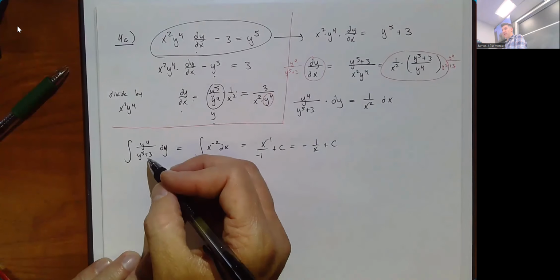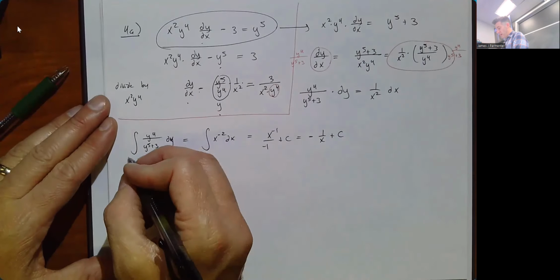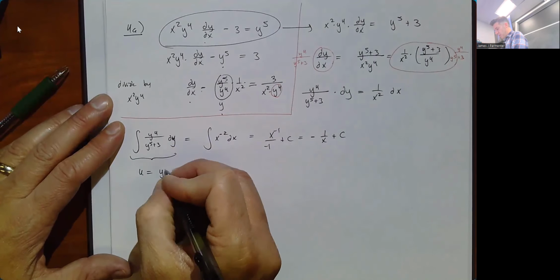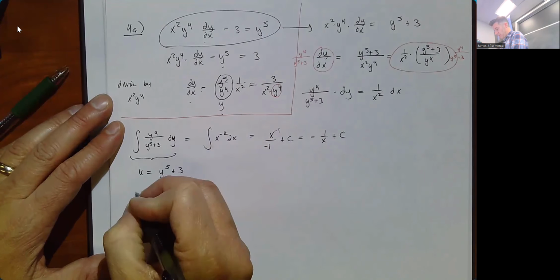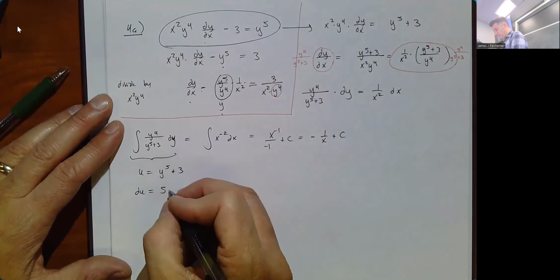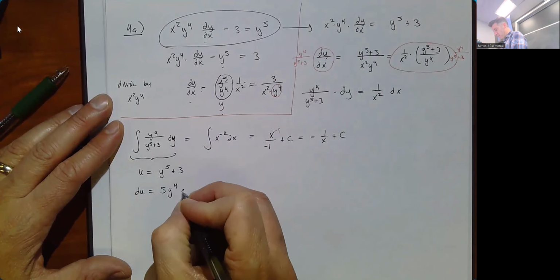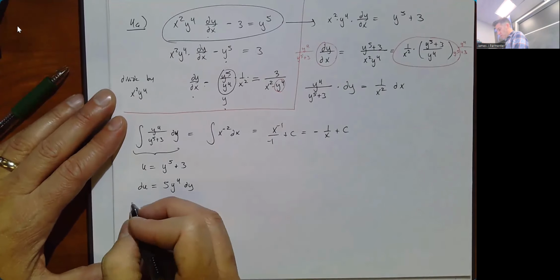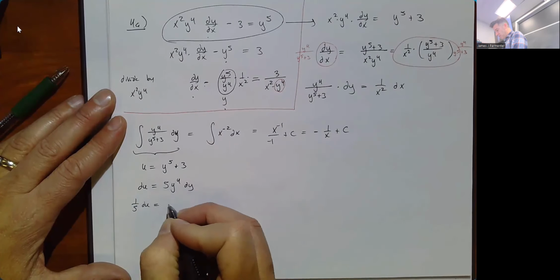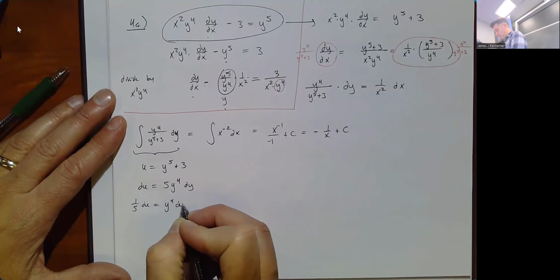But then we have to do the left-hand side. And for the left-hand side, we have to do a u sub. So we're going to let u equal the denominator because its derivative is almost exactly the numerator. The derivative of y to the 5th is 5y to the 4th dy. So dividing both sides by 5, 1/5 du is equal to y to the 4th dy.